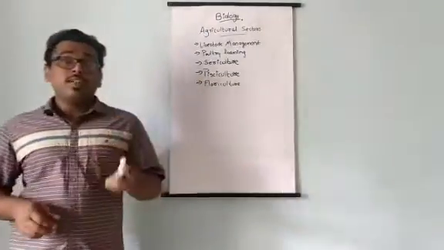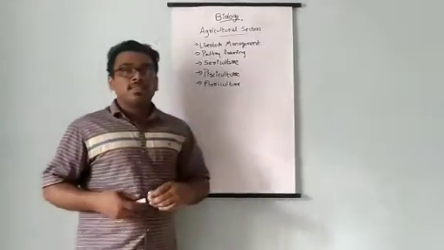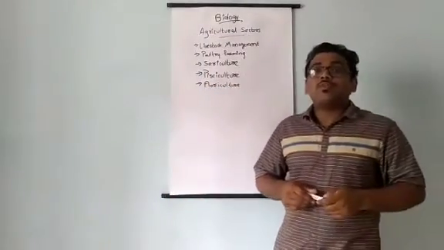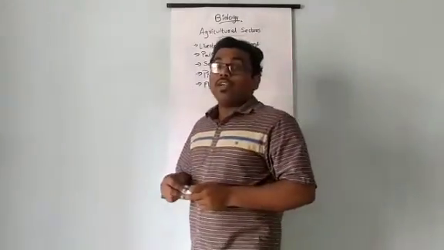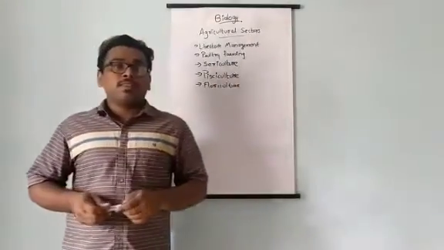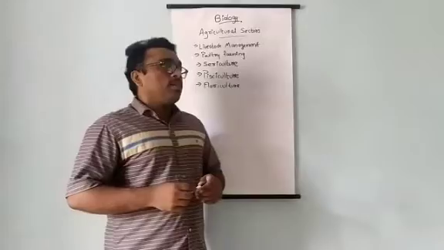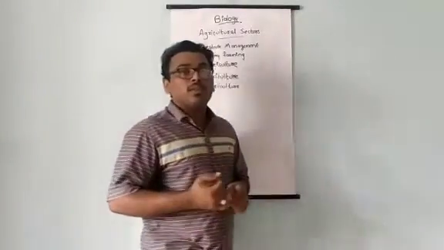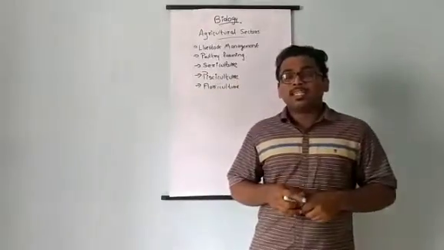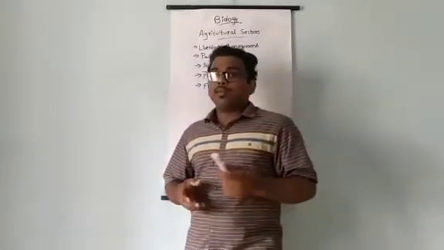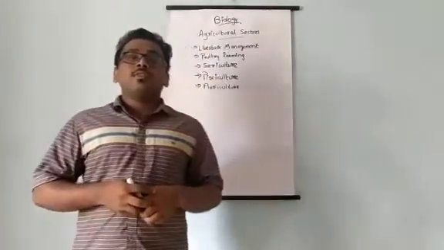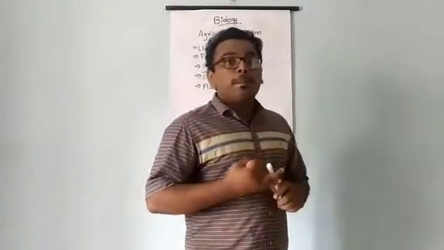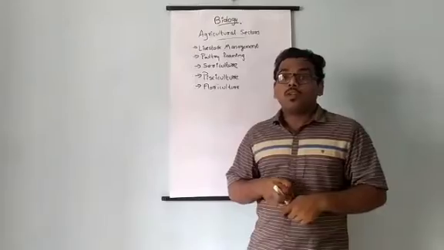Then we discussed pisciculture. Pisciculture is the scientific and advanced culture of fishes for food and ornamental purposes. In pisciculture, pearl spot, rohu, katla, etc. are used for food, and goldfish and guppy are used for ornamental purposes.